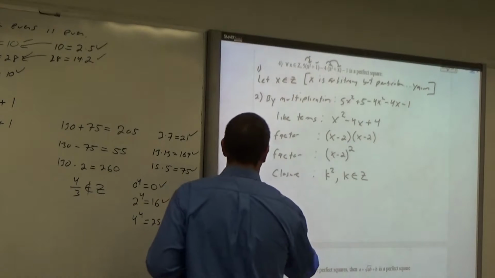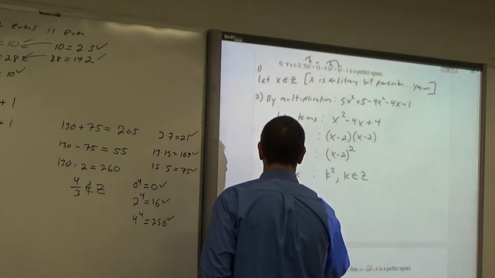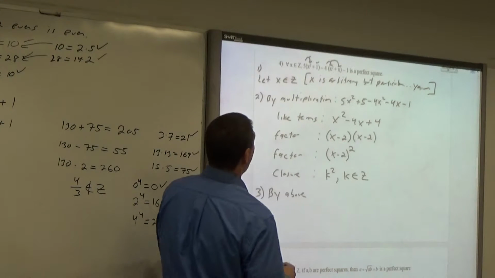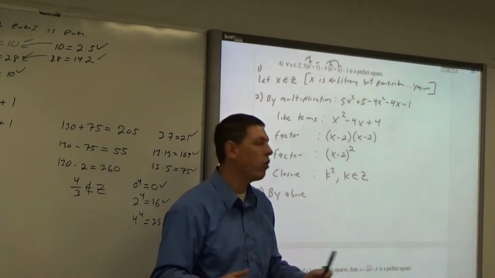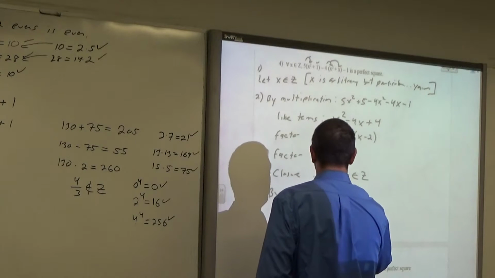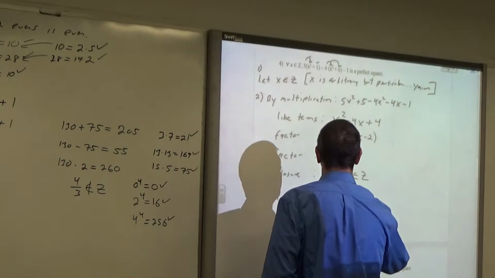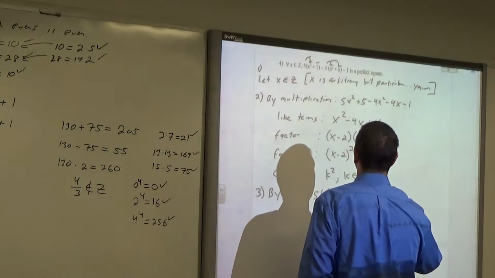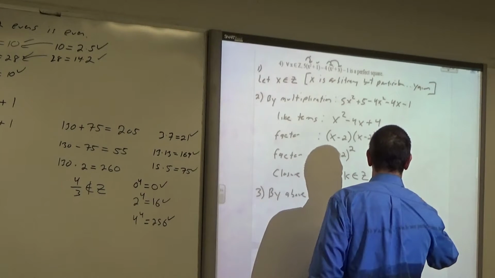All right. So, isn't it true that by above, we can say that this nasty thing that we started with is equal to k squared? So by above, 5 quantity x squared plus 1 minus 4 quantity x squared plus x minus 1 is equal to k squared.